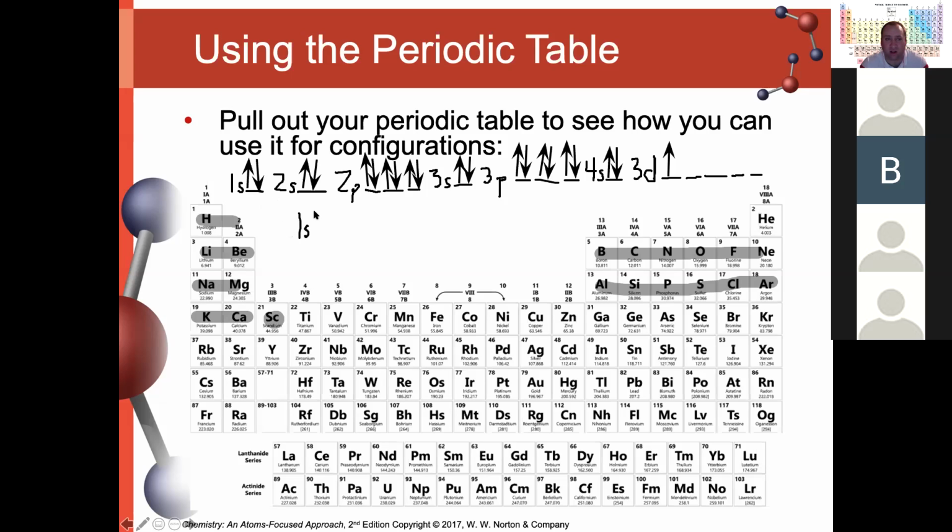We can look at it here and see we've got 2 electrons in the 1s. We've got 2 electrons in the 2s. We've got 6 electrons in the 2p. We've got 2 electrons in the 3s. We've got 6 electrons in the 3p. We've got 2 electrons in the 4s. And then we've got just 1 lone electron in the 3d.